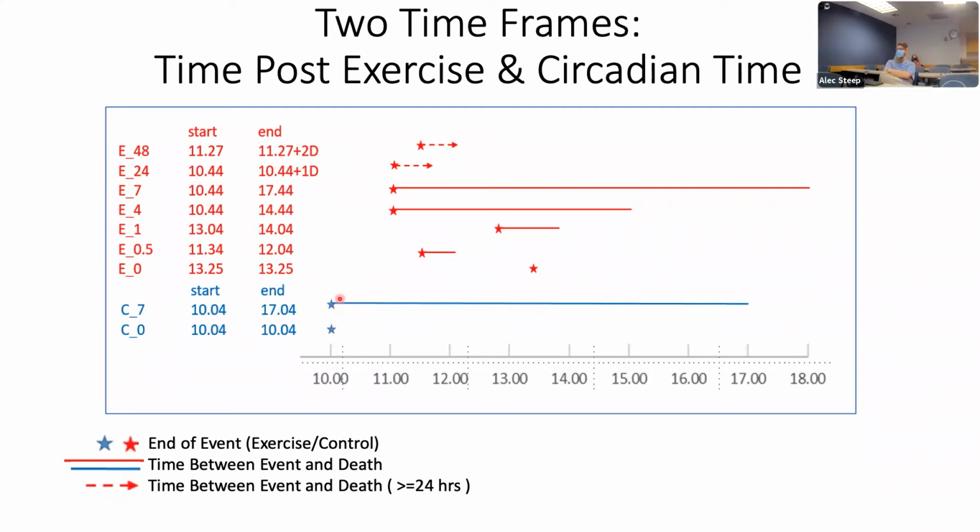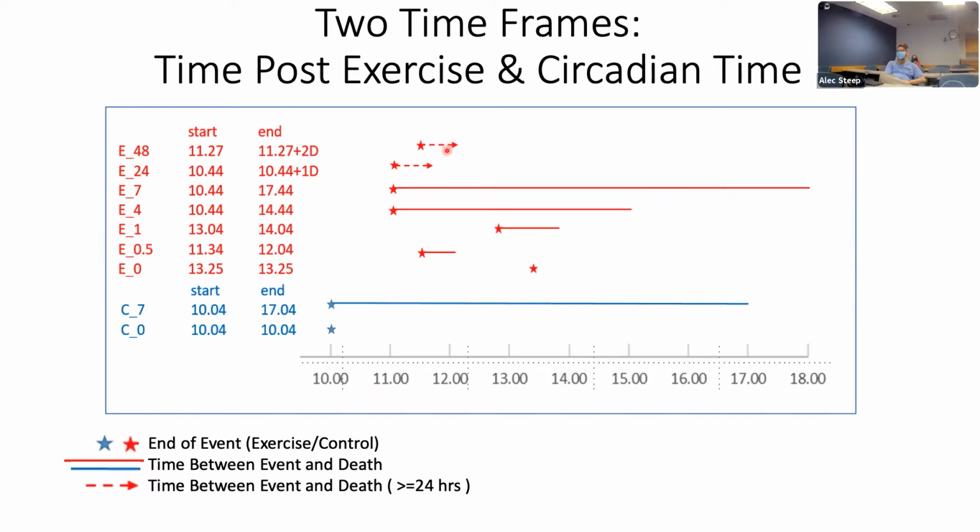A few things to notice here. First, those controls that we were comparing before, they're at opposite sides of the day. And this day is between 10 a.m. and about 6 p.m. So this is a normal working day. In addition, most of the time points associated with the acute exercise really fall in this 3-hour period between 11, 12, 13, and 14.